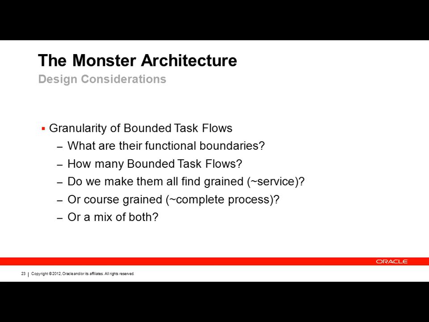So there's no real winner in either choice. You can't have a win-win solution. And if you take that idea of the granularity of web services and then think about bounded task flows, the same issue applies. How fat or thin do you make your bounded task flows? And is there a one size that fits all for your application? Now, there is no recommendation we can make to you. You just need to be aware that it is something that you need to consider.